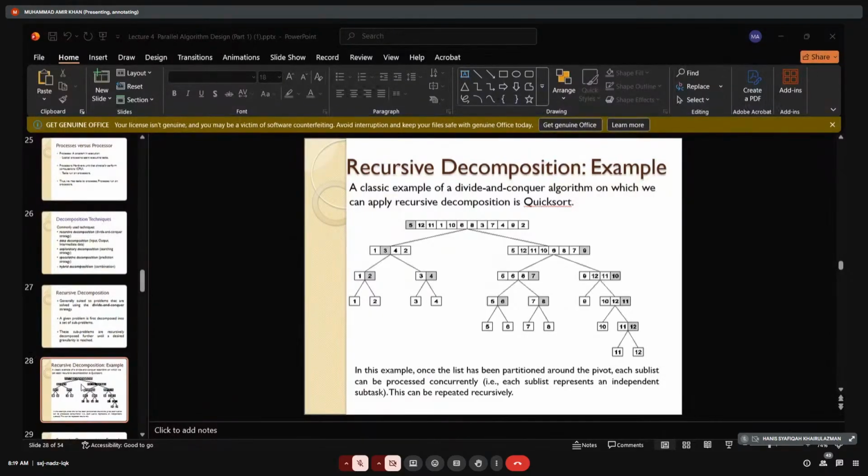So for 1 3 4 2, it is divided into two. The left side is 1 2, and the right side is 3 4, and it is divided again. So 1 2 3 4. So that is sorted.